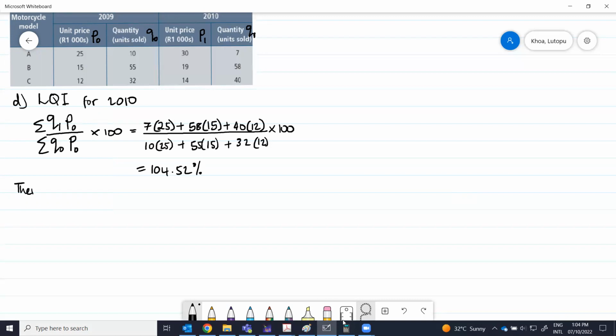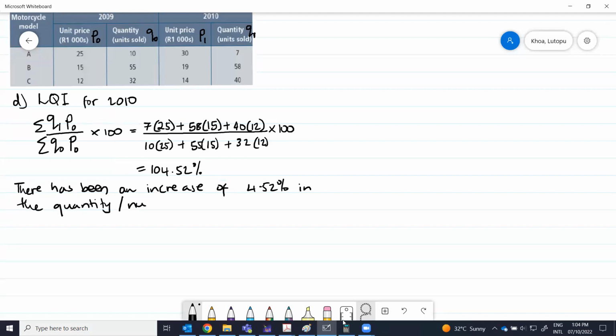So we can say that there has been an increase of 4.52% in the quantity, or you can say number of motorcycles sold, and that is from 2009 to 2010.